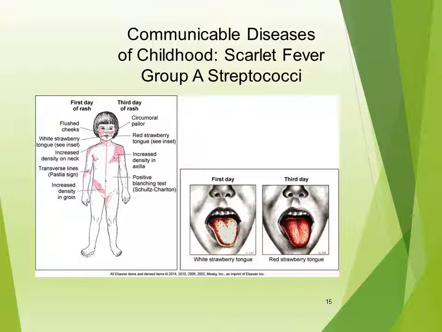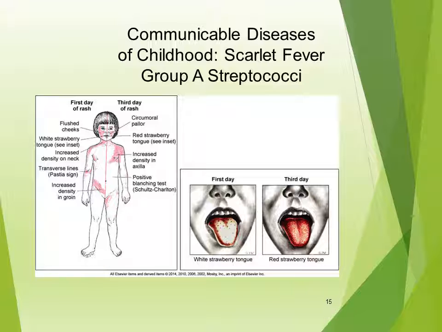We do have something to treat this disease with because it's caused by group A strep, so we treat it with penicillin. We also want to use standard and droplet precautions until 24 hours after the antibiotic has started. Why is this particular disease a killer?